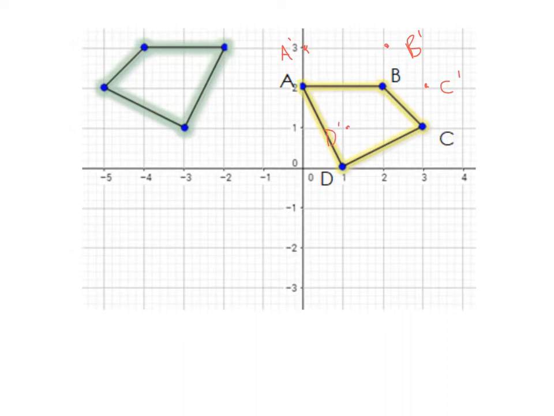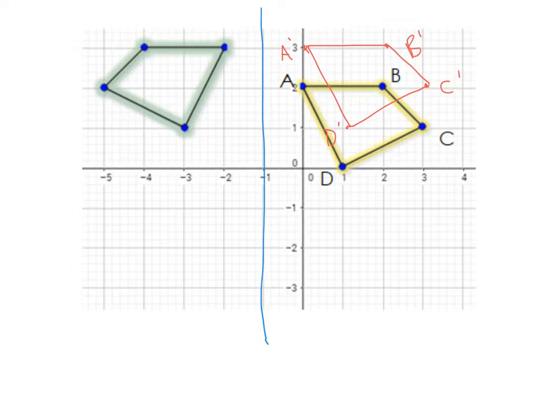Now if I were to connect these dots, again, best I can, that was pretty good. I have translated this up 1 unit, but there's still more. What do I need to do now? Well, I'm looking at this, I'm thinking, hey, this line right in the middle, could I reflect over that? Well, let's see.